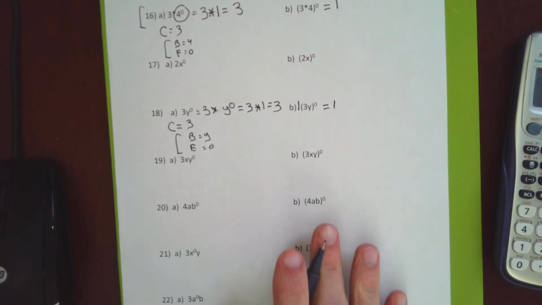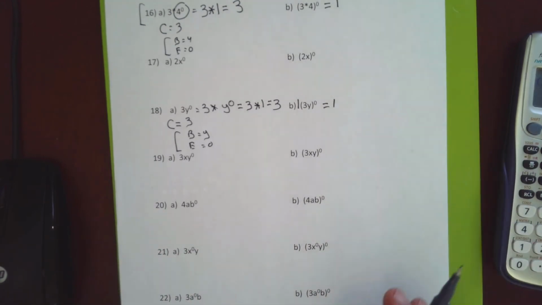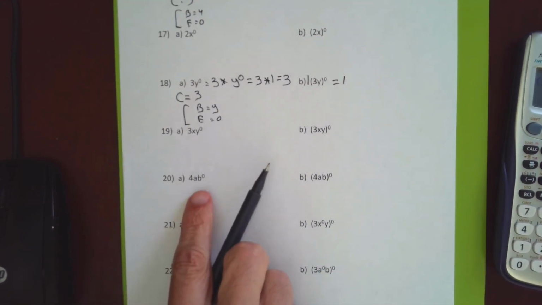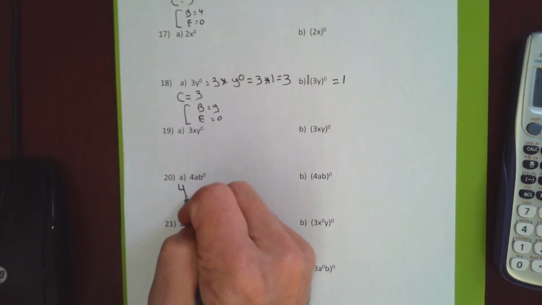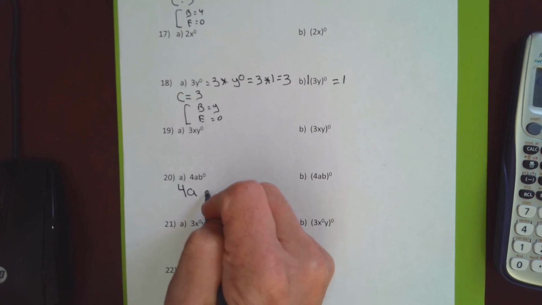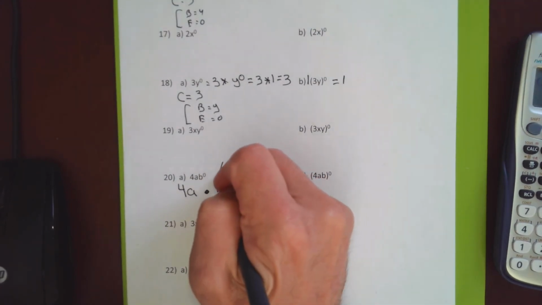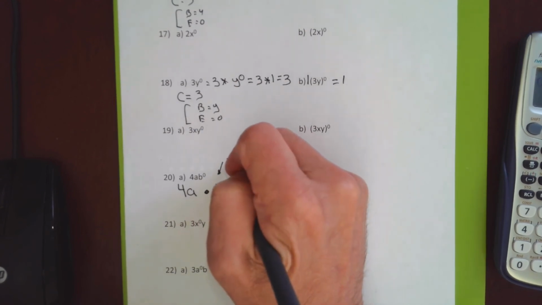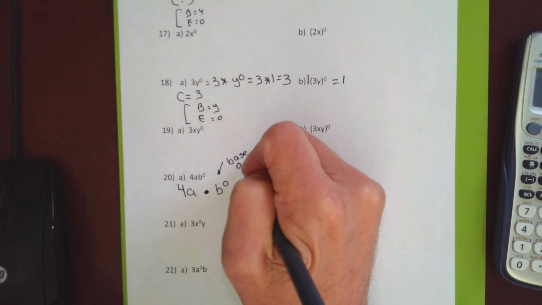Once we get down to the 20s, the problems on the left-hand side get more complicated, but not the problems on the right-hand side. For 20a, I have to think of this as 4a times b to the 0, and this is the base to the 0 exponent part.